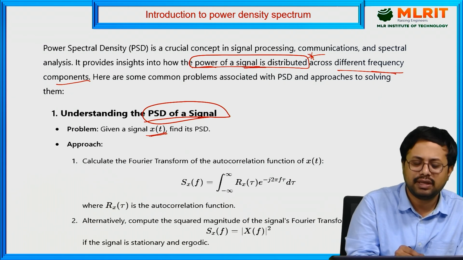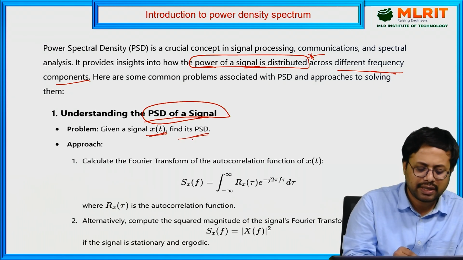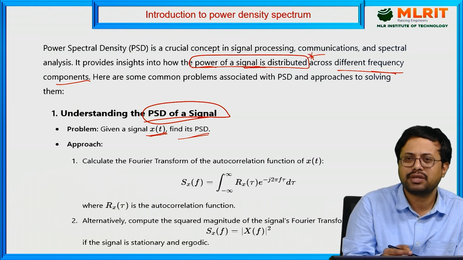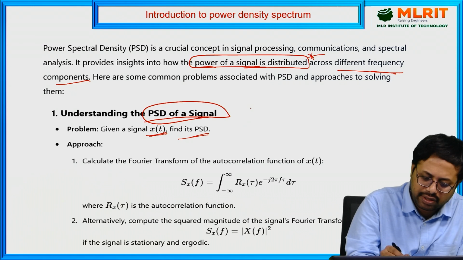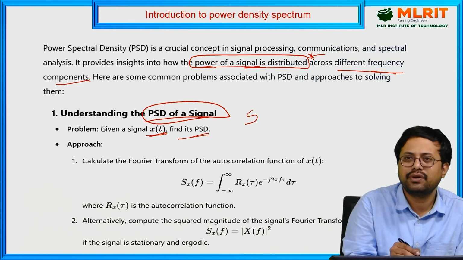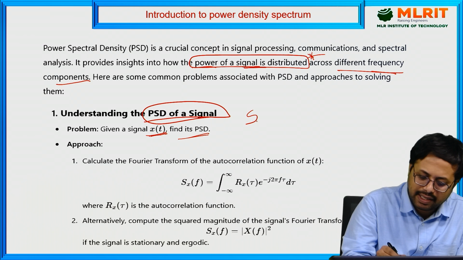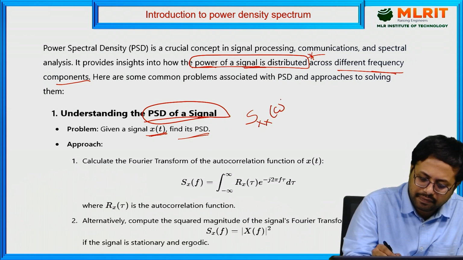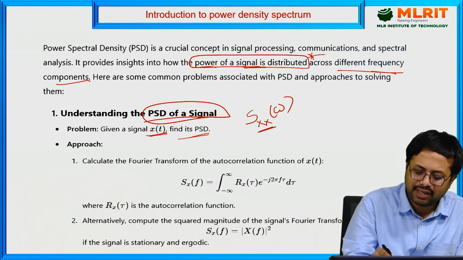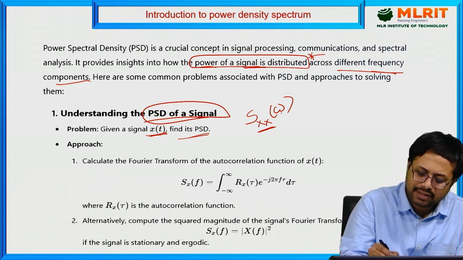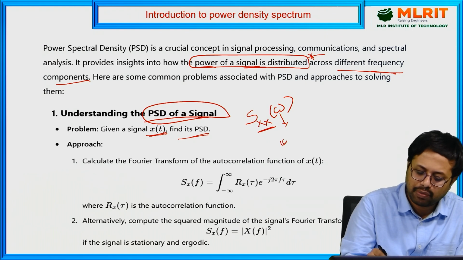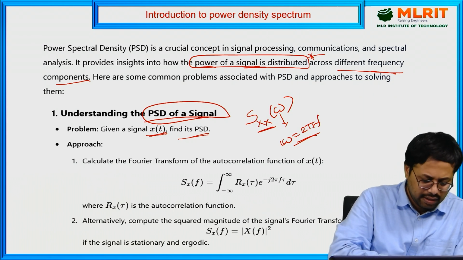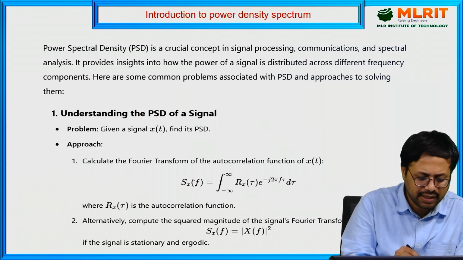The power spectral density is denoted by S, and S xx of omega, where xx stands for the same signal we are calculating. Omega represents frequency, the angular frequency, where omega is equal to 2 pi f.